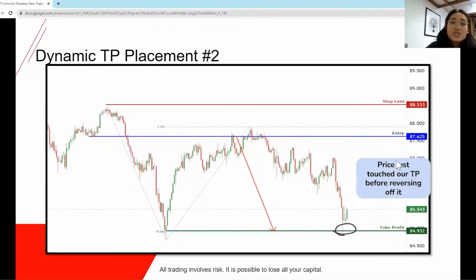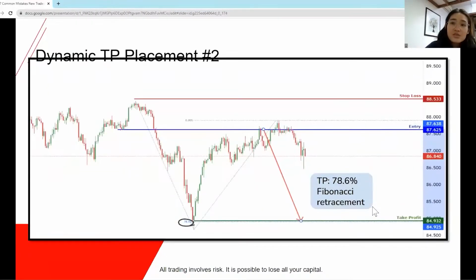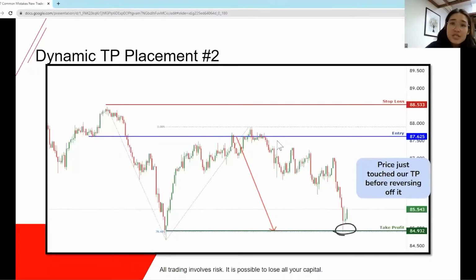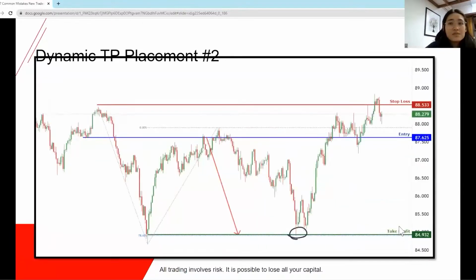Okay, so price just touched our take profit before reversing off of it. This is the before and this is the after, and you can see price really just touched our take profit with the tail of the candlestick and hit back up towards our stop loss.